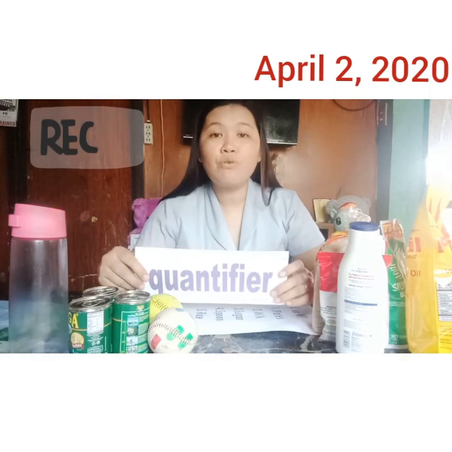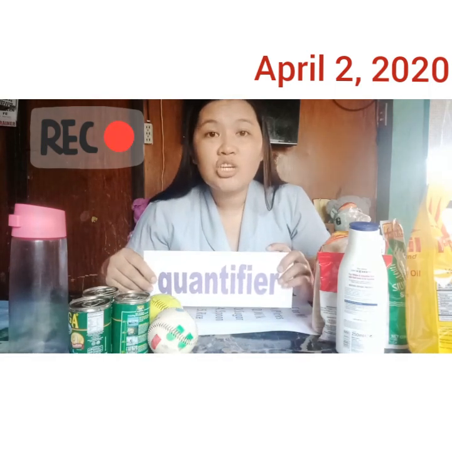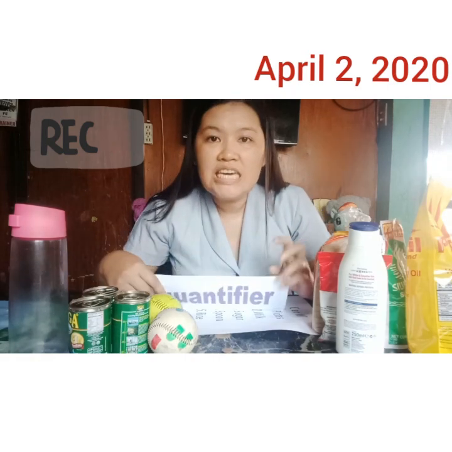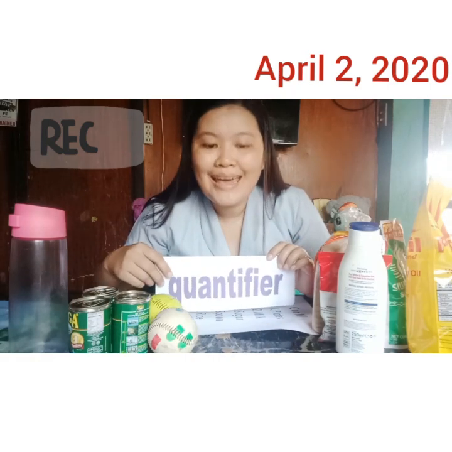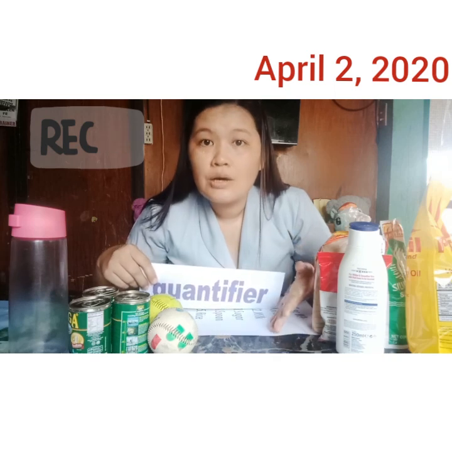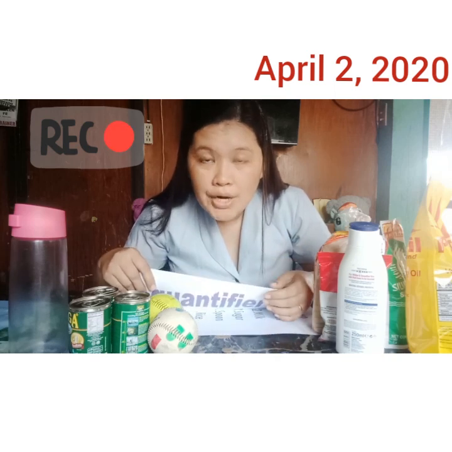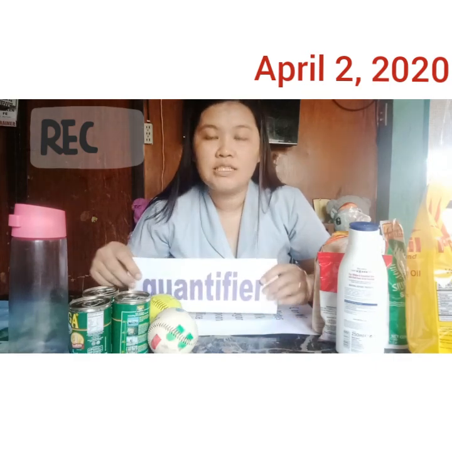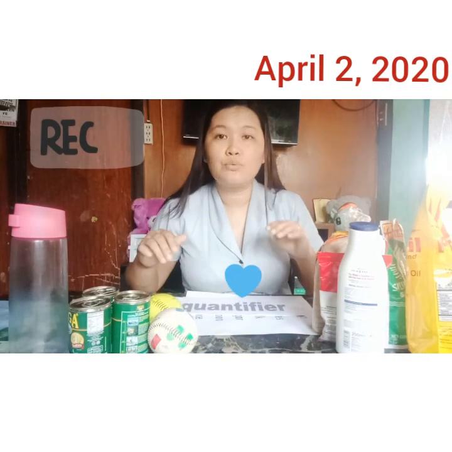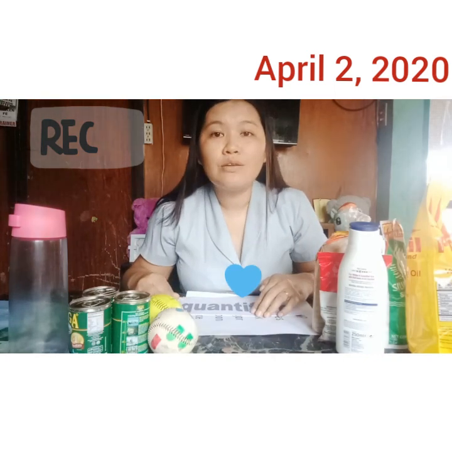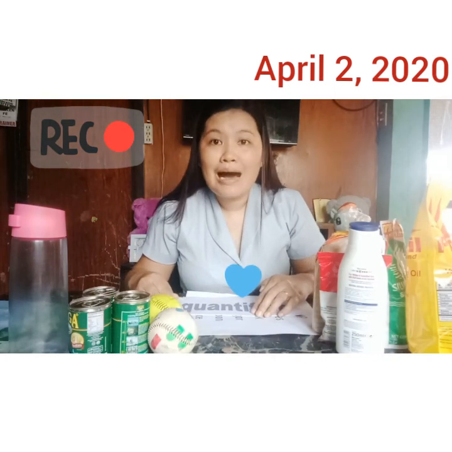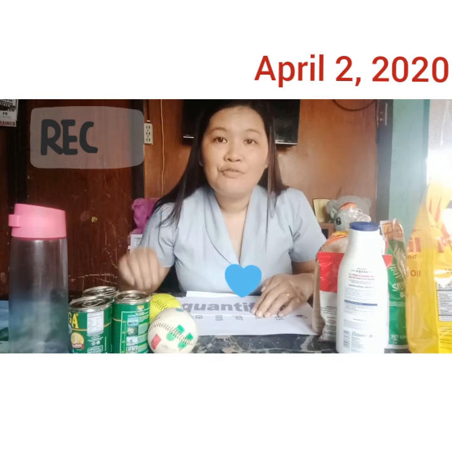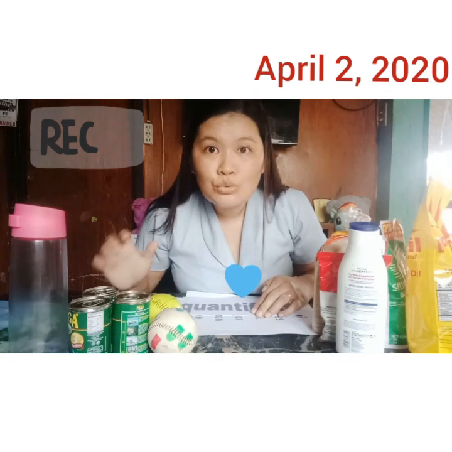And there are also other quantifiers such as all, each, many, any, both, more, lots of, or a lot. Those are the words that we can use for count nouns. We can count them and we can form their plural.